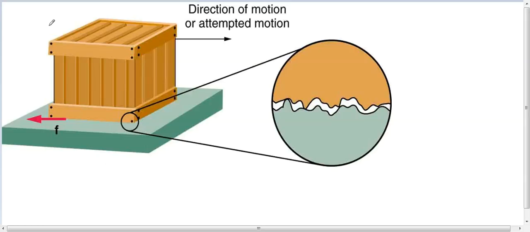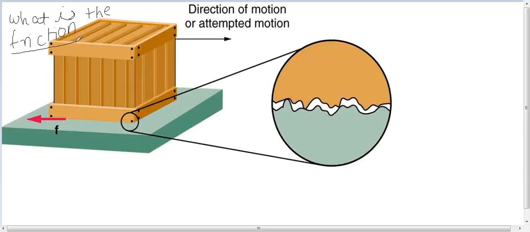Okay, so guys, first thing, what is friction?